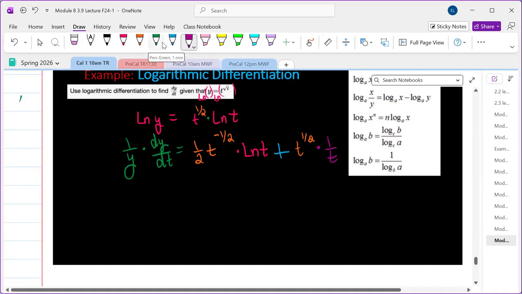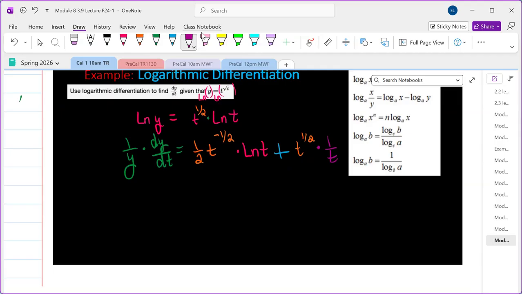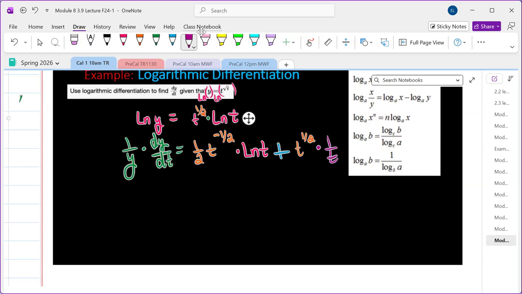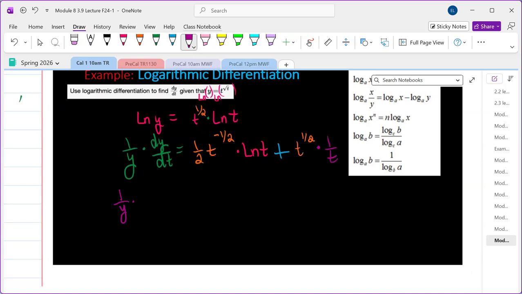Well, 1 over y times dy dt. All right, so we could write this as the natural log of t over 2 t to the 1/2 plus the t to the 1/2 times 1 over t.